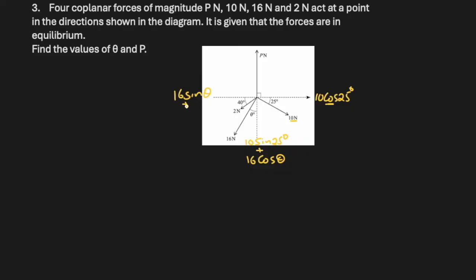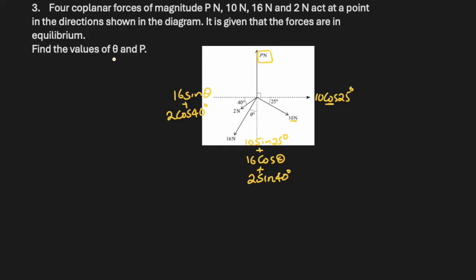So we'll have 2 cos 40 here, and we'll have 2 sin 40 in this direction. And there are 3 inclined forces, 6 components. Good. And P is in the vertical direction, so it will not be broken into any component, it will stay as P.